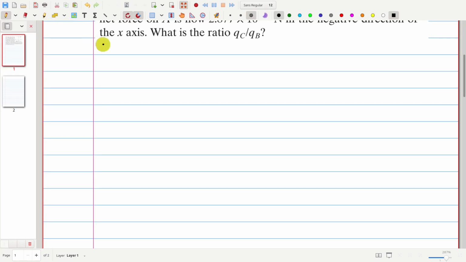This problem has two parts, or two configurations for three particles fixed on the x-axis.